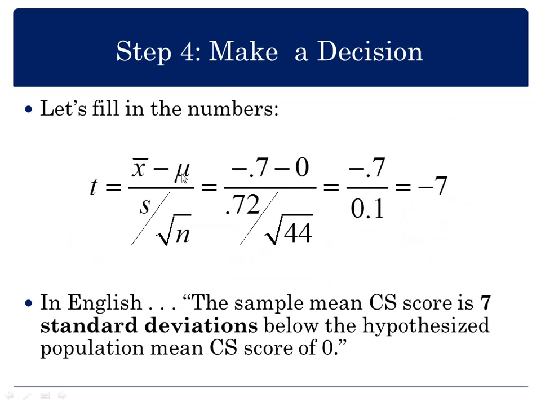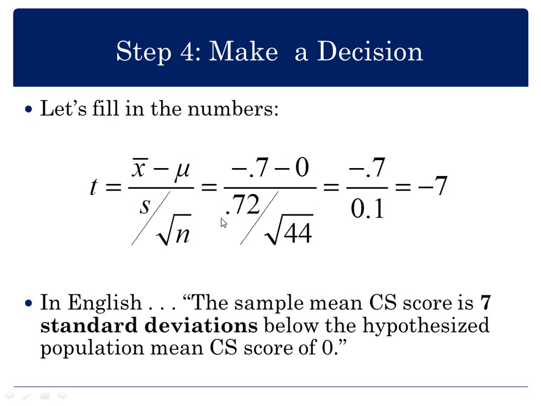This is that test statistic. The sample that I collected of 44 subjects gave me a sample mean score of -0.7. So there's my x bar. I'm subtracting out what I hypothesized the population to look like, which was 0.